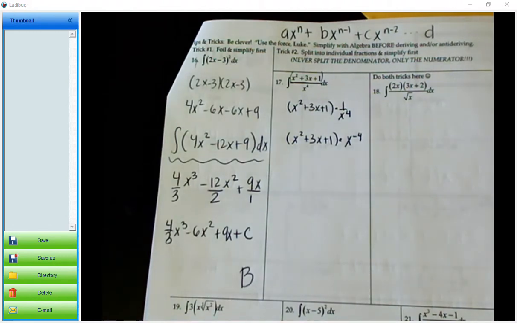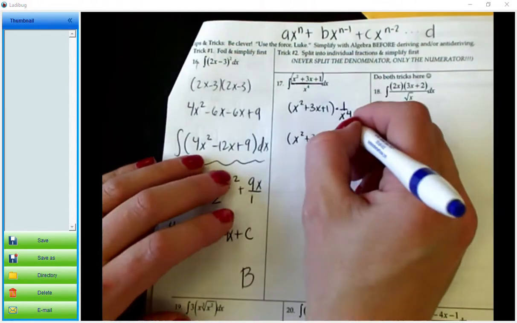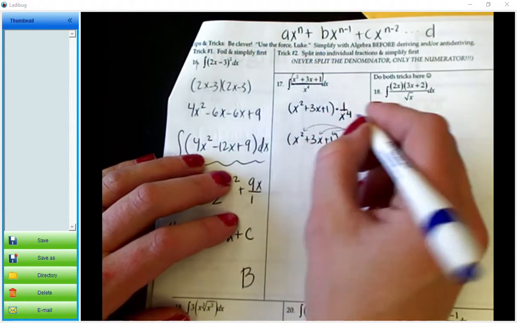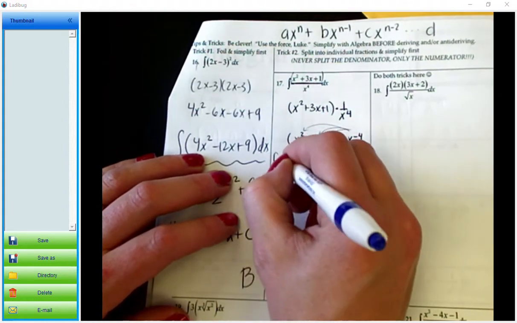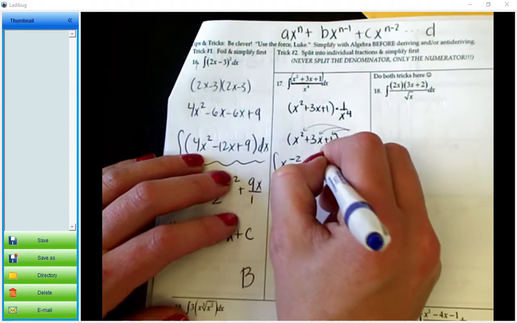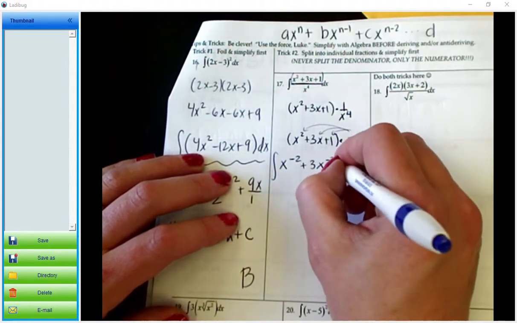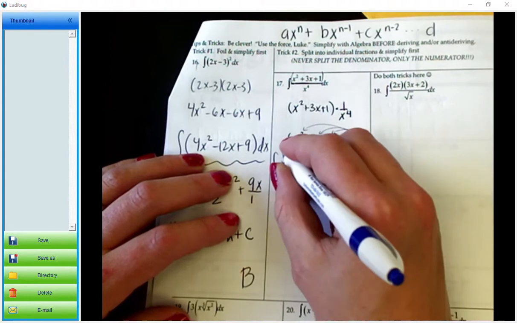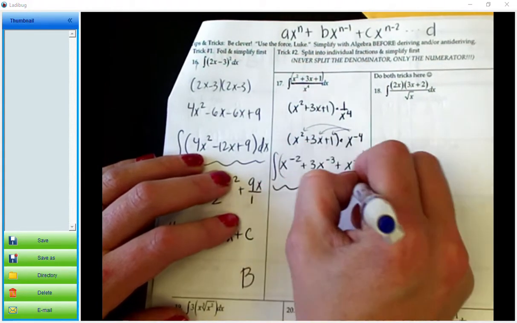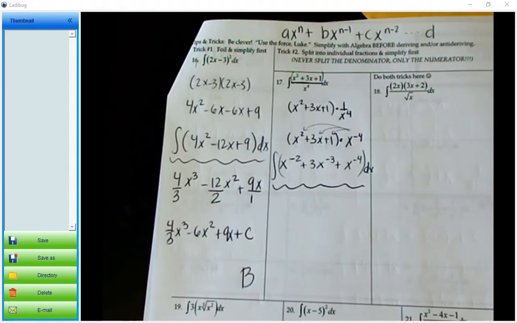And now I'm going to distribute. Right, now I'm going to do the multiplication. x to the negative 2, 3x negative 3, now I'm ready for the antiderivative. Add exponents.